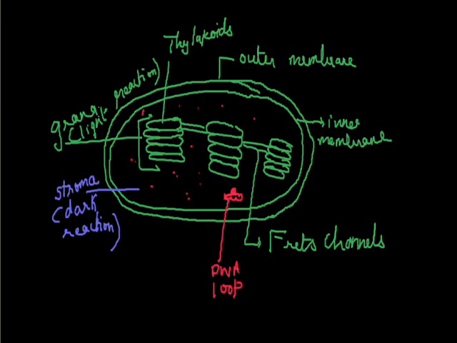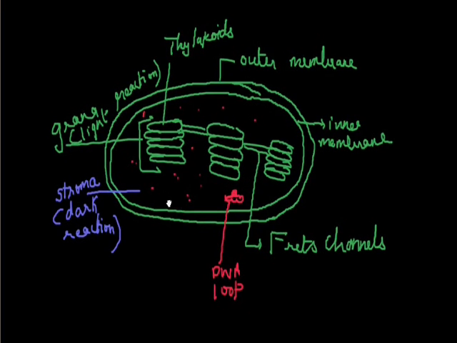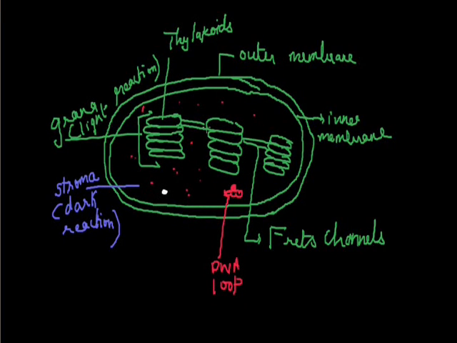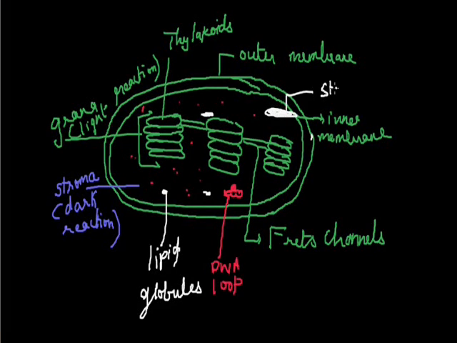There may be other substances like the lipid globules, and a little bit of starch grain. So this is the structure of the chloroplast.